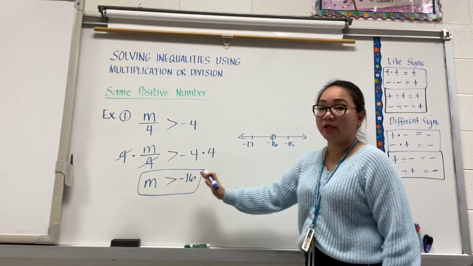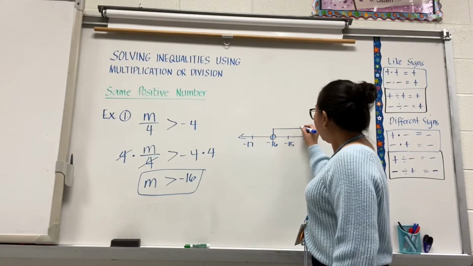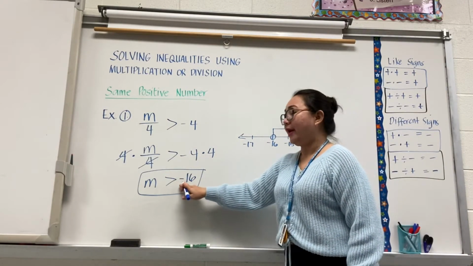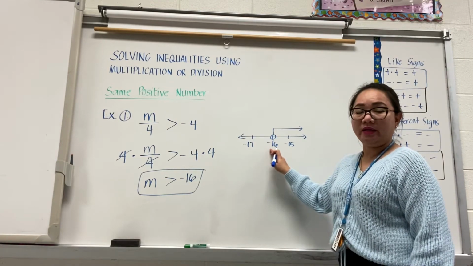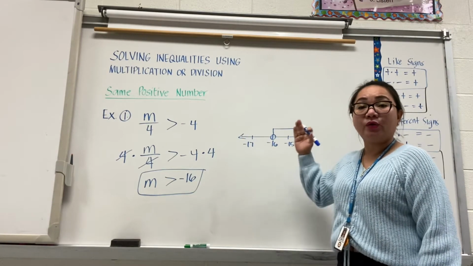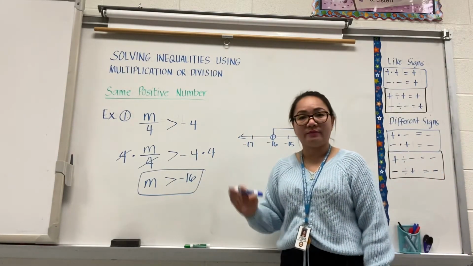So the direction is to the right because it is greater than. So greater than negative 16, which means negative 16 is not included. Only those numbers greater than or to the right of negative 16.